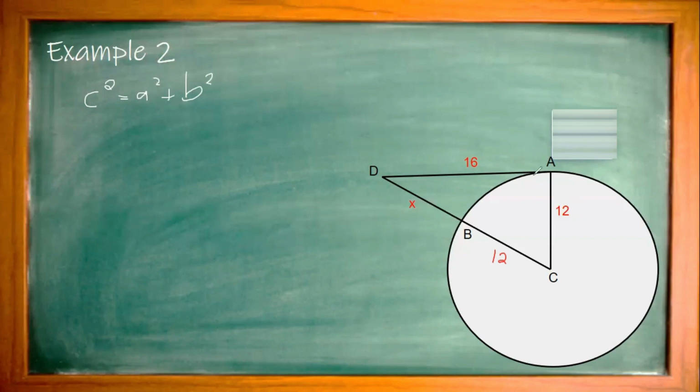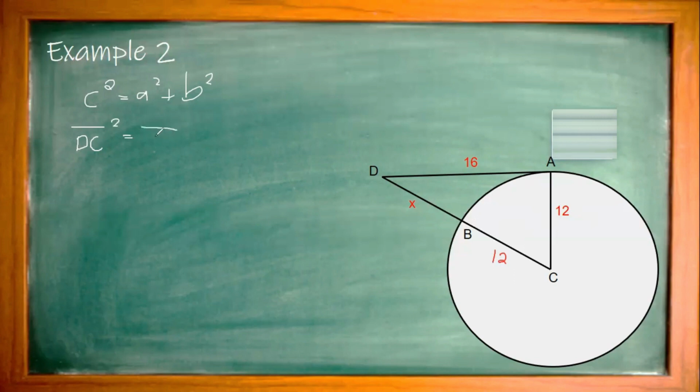Based on the given illustration, opposite of your hypotenuse is the right angle. So therefore, that is your c, as always defined as a hypotenuse. So therefore, chord DC is our C.